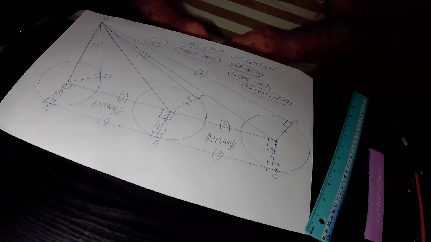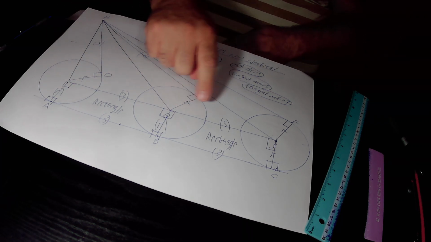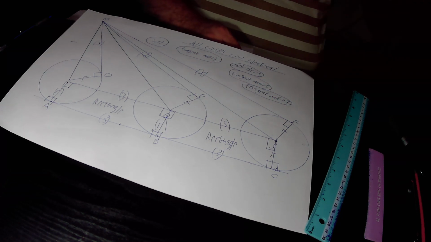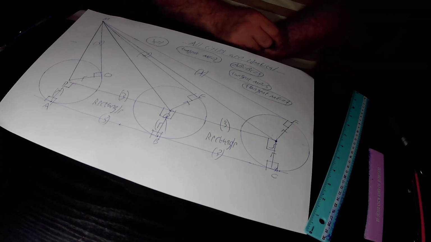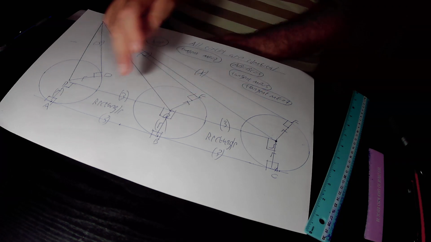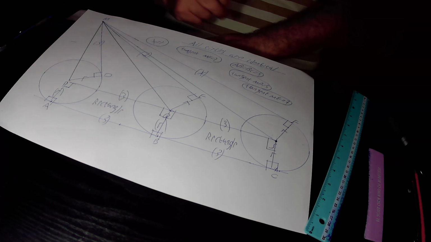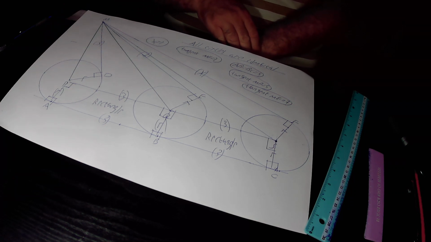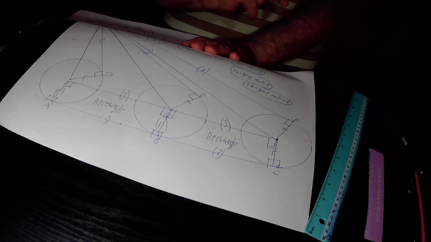Actually, because those three points P, Q, and S are located at the same distance from this straight line ABC, the distance between those three points from this straight line ABC is of course R. It is the radius of this circle. Therefore, those three points must be located on one straight line.